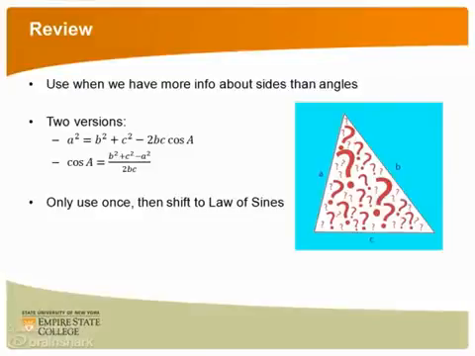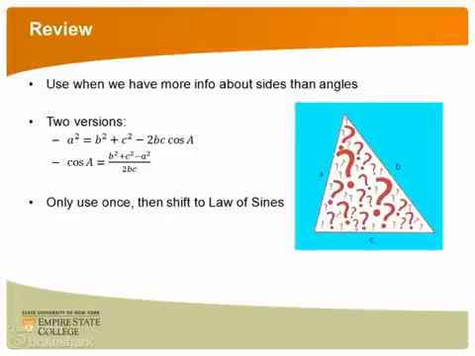We use the law of cosines to solve triangles where we know more information about the lengths of sides than we do about the measures of the angles. This law takes two formats, depending whether we want to use it to solve for a missing length or for a missing angle measure. Either way, the calculations are more numerous and involved than the law of sines.